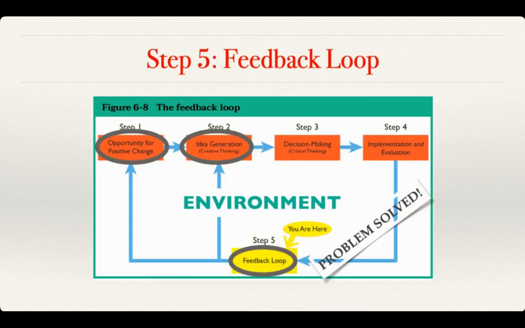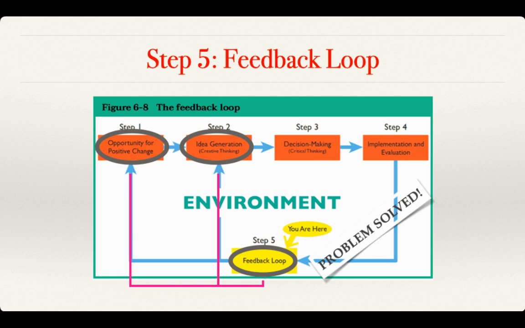Notice that the feedback loop in figure 6-8 can lead back to either a new opportunity for positive change or more idea generation. Once you implement your ideas, you may find they've opened related doors or opportunities that can lead you back to step 1. This is a good thing. This expanding cycle of positive change is what carries you forward in life.